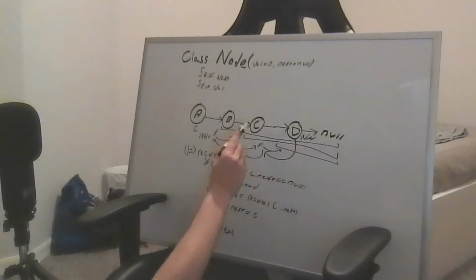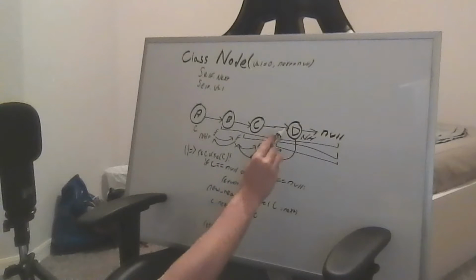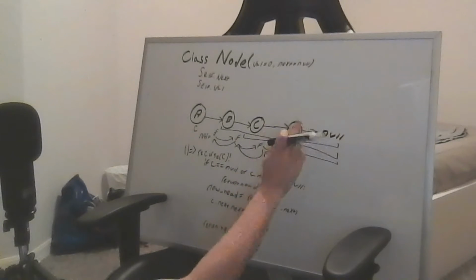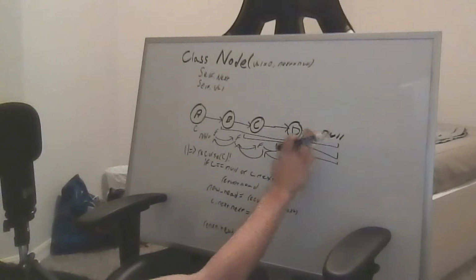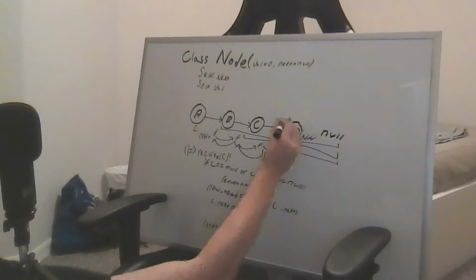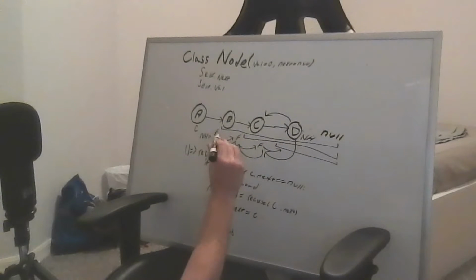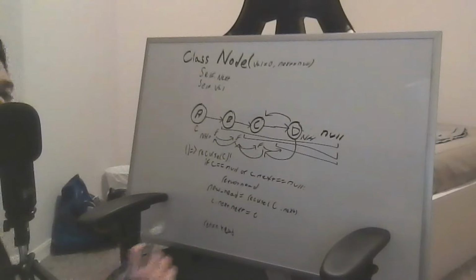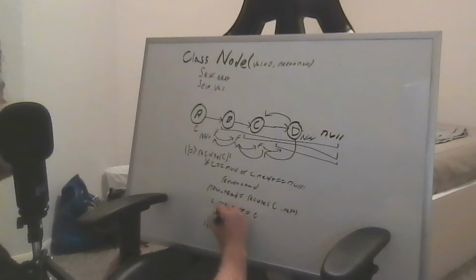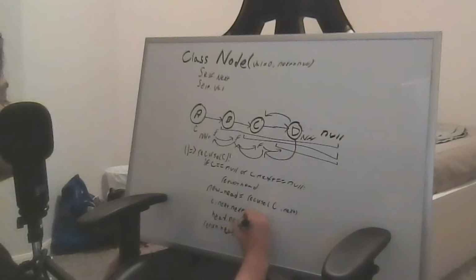So we're not going to do it for this one, but we come back to this one, and this is currently C, and C.next's next is going to equal C. So we have D's pointer now pointing to C. And then right after that, we're going to say head.next equals null.